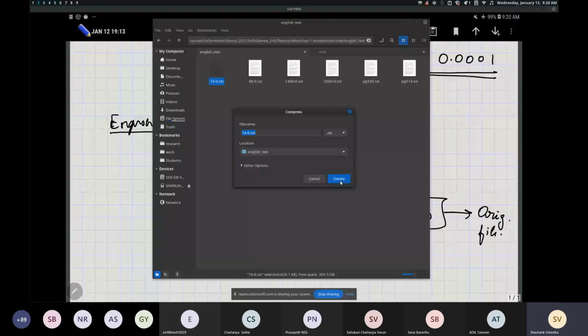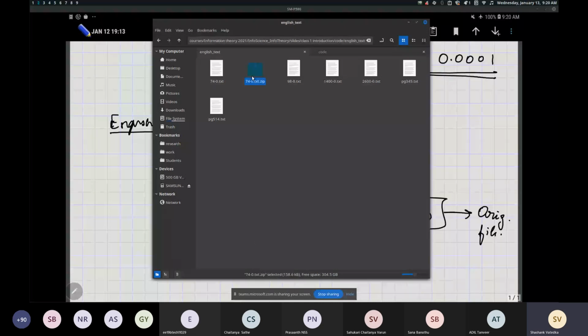The size of the original text file is 428 kilobytes. It's down here. And the size of the compressed file is much smaller than 428 kilobytes. It's roughly 158 kilobytes over here. So that's the problem of compression.